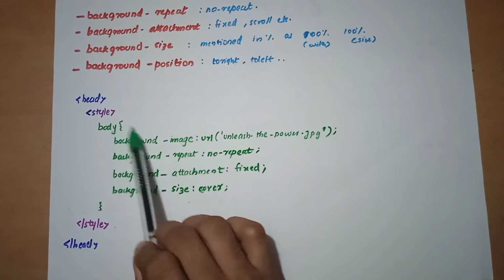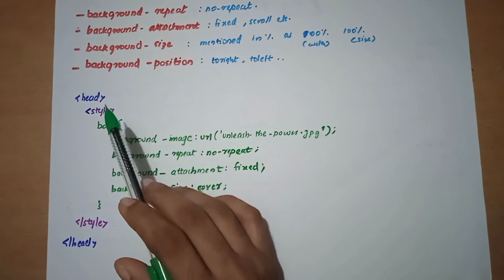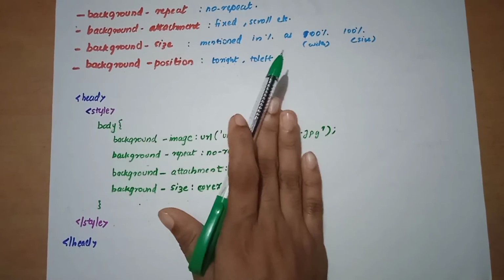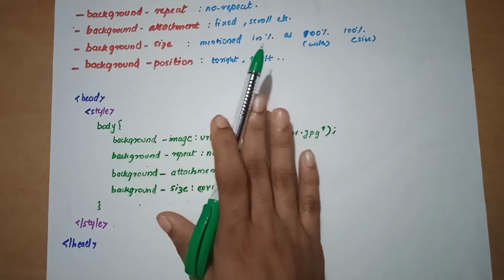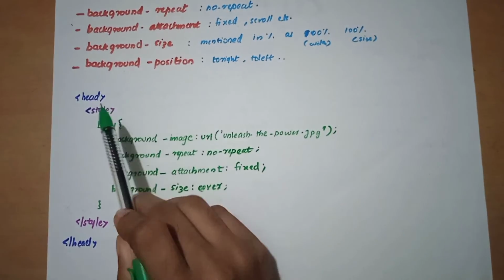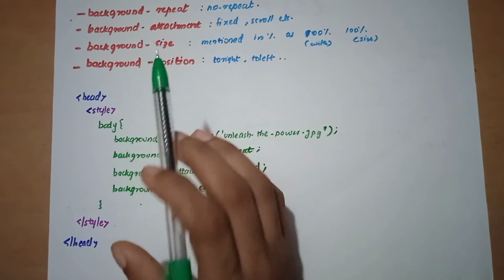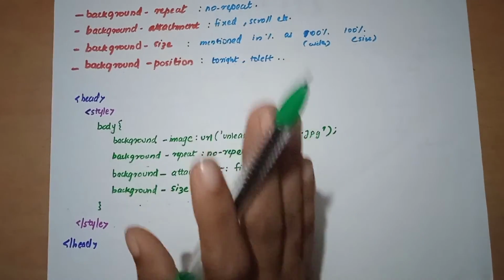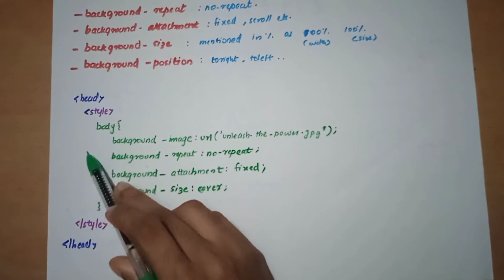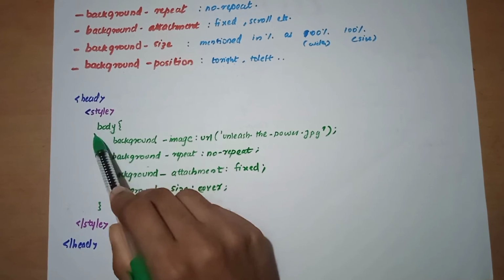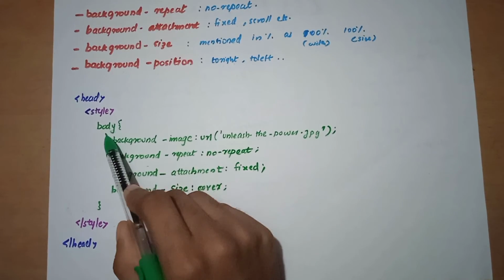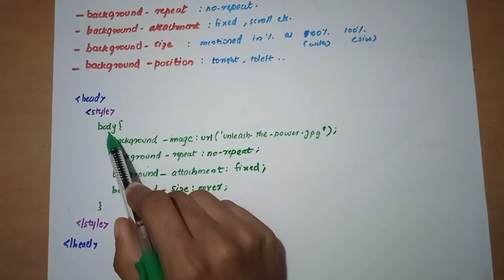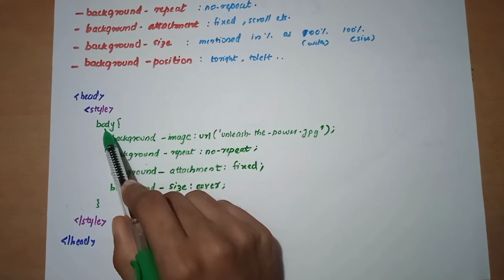If I'm going to add everything to my body part, or something has to be displayed in my web page, I don't have to mention it specifically for somewhere; I just want to add everything to the page itself. So I started with the body element, and everything should be given to this tag.